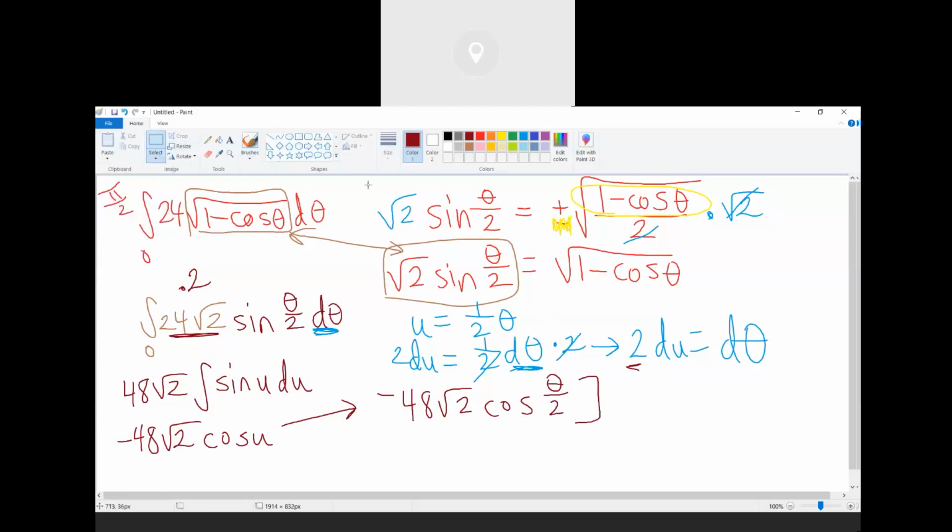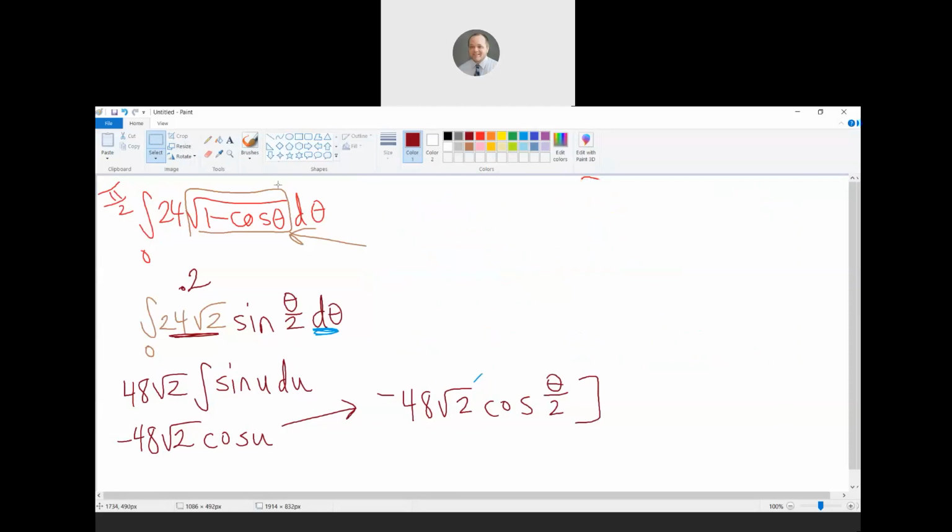Now we are ready to plug in our limits of integration. So starting with pi over 2, we have negative 48 square root of 2, cosine of pi over 2 over 2, minus cosine of 0 over 2.